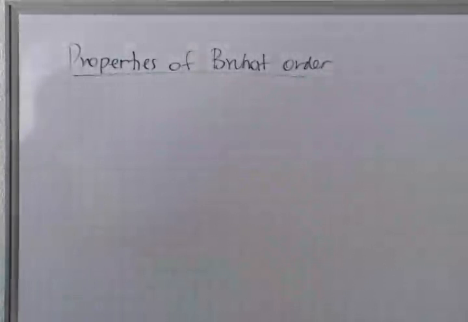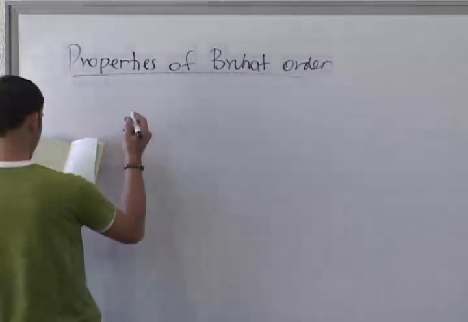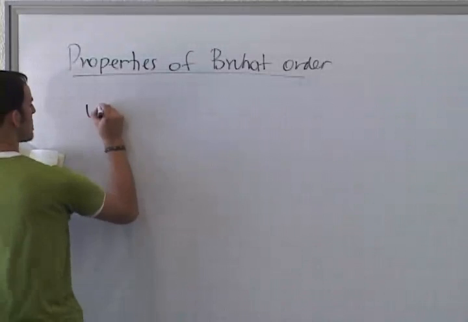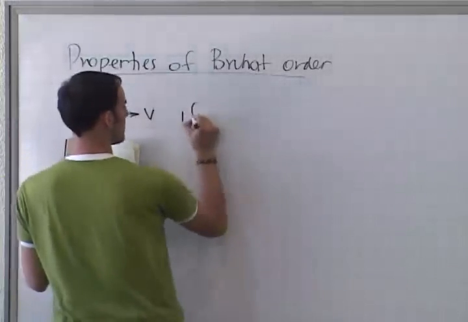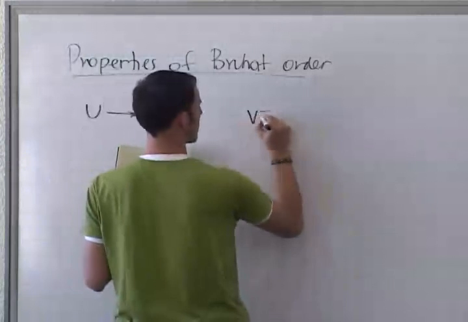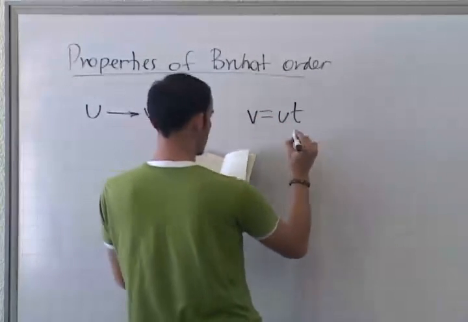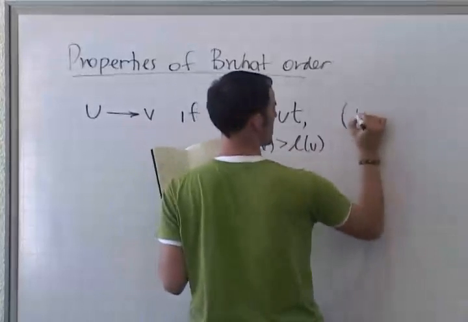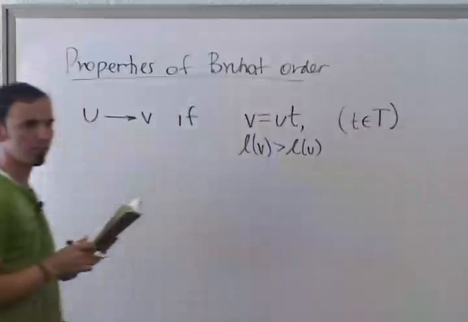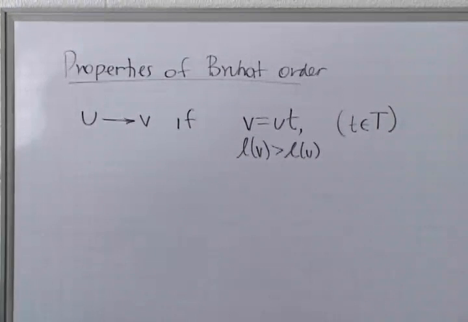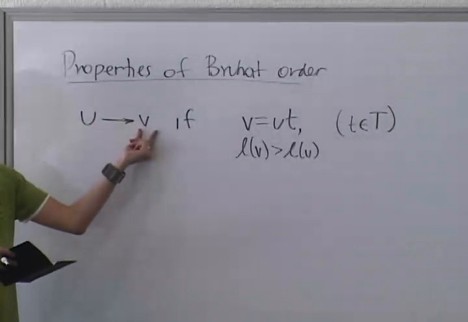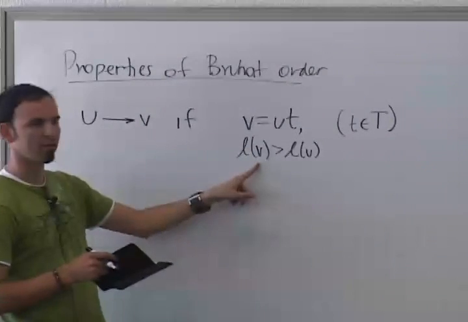Before I do that, let me remind you how I defined the Bruhat order. We said that you have an arrow from u to v if v is equal to u t and the length of v is bigger than the length of u for some t in T. So you have an arrow when you take something and multiply it on the right by a reflection, making it have a longer length.